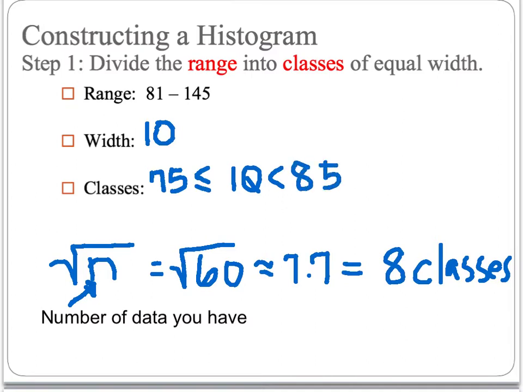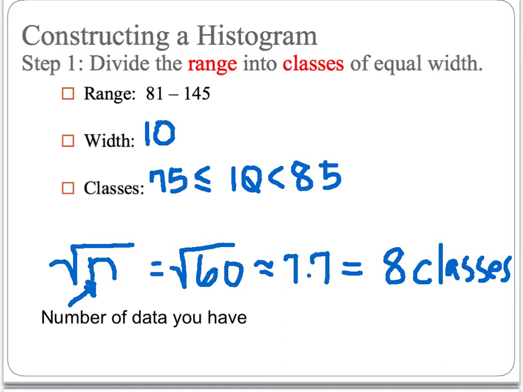Now if you noticed, I use equal to here and not equal to here. And that's because our next class is going to start with 85, and we don't want to have a class that has 85 in it and then another class that also has 85.